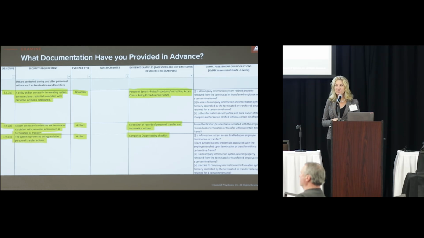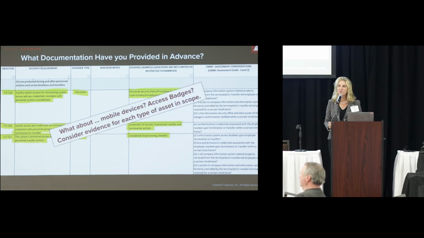So there's a ton of evidence put forward for Microsoft GCC High, but not so much for something like the camera system or the visitor badge system. There is a world outside of Microsoft GCC High where people actually have a lot of CUI or security protection asset data or controls, and you're not thinking about that when you're doing these things. So always be cognizant doing these run-throughs. Let's not just think about our laptops and our servers; mobile devices, security protection, things like that you want to be capturing.